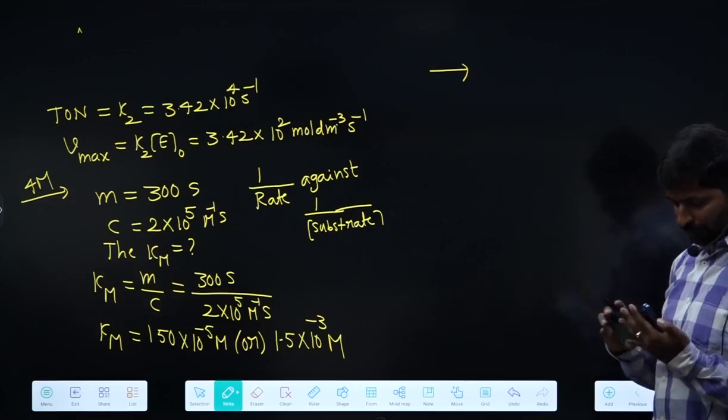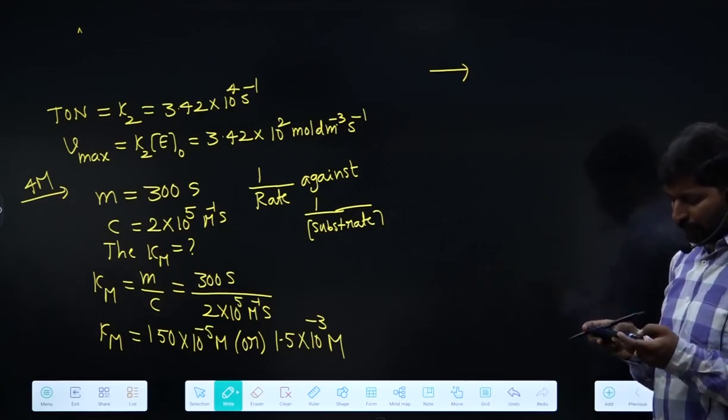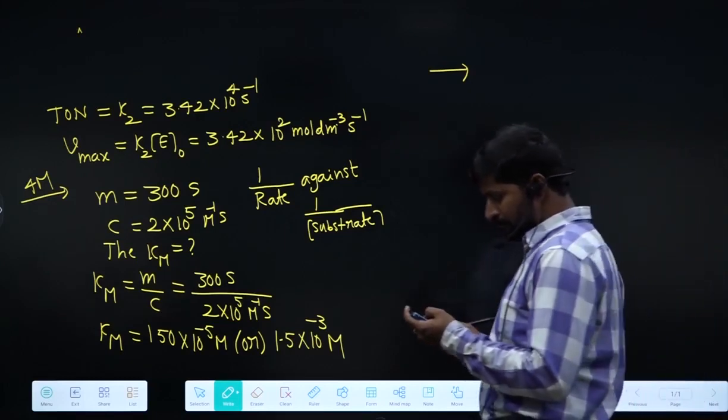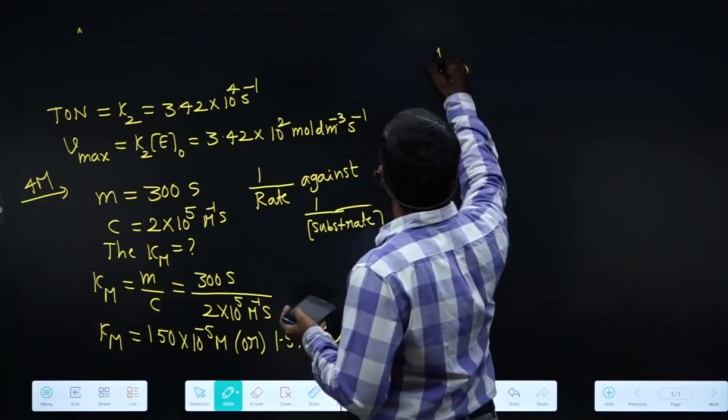Okay, next question. Based on the Eadie-Hofstee plot, this is given for 4 marks.